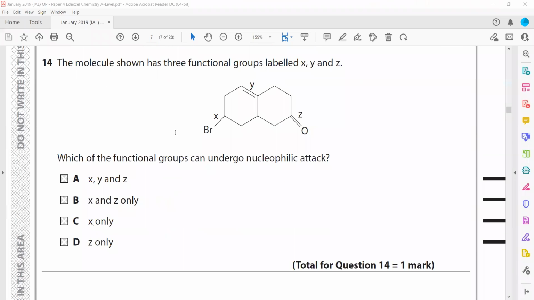Question 14, the molecule shown has three functional groups which are labeled X, Y, and Z. Which of the following groups can undergo a nucleophilic attack? So nucleophilic attack here refers to, because nucleophile means nucleus loving, attracted towards the positive side.